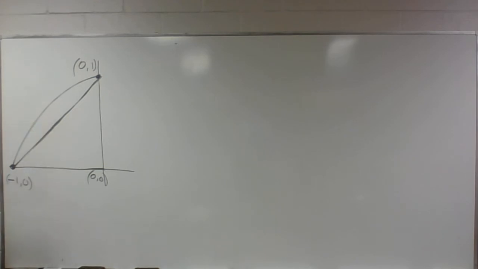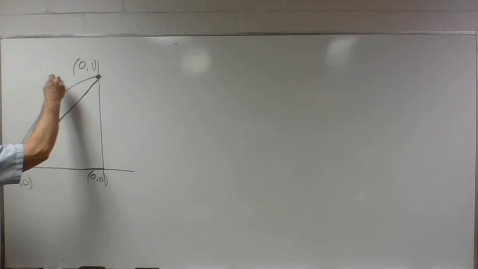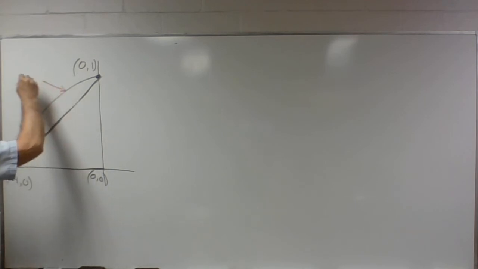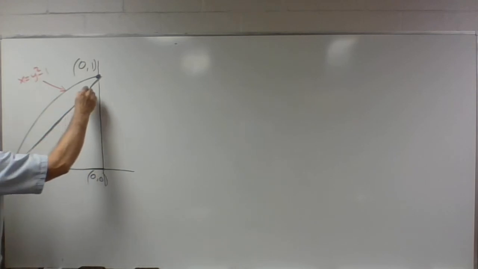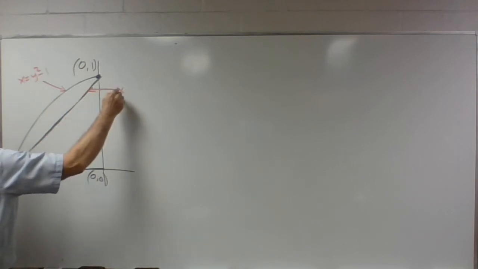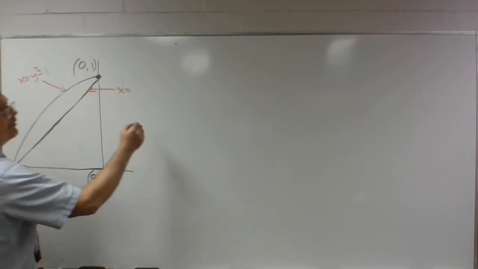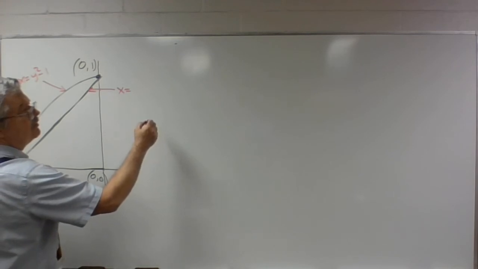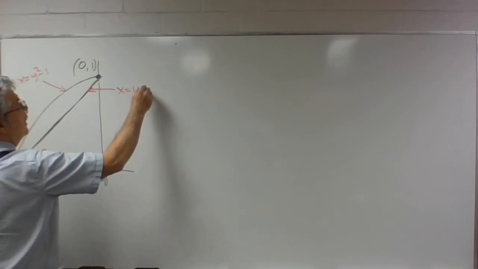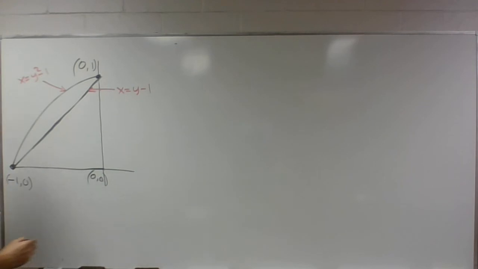This is the bounded region. And this is going to be x equals y squared minus 1. This will be x equals, what is that? y minus 1? I think so.